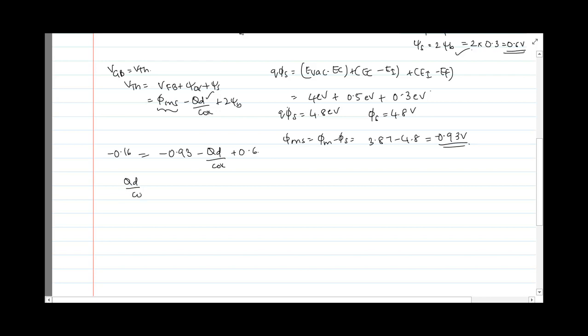So Qd by Cox... So the magnitude of the depletion charge density is 1.7 into 10 power minus 8 coulombs per centimeter square.